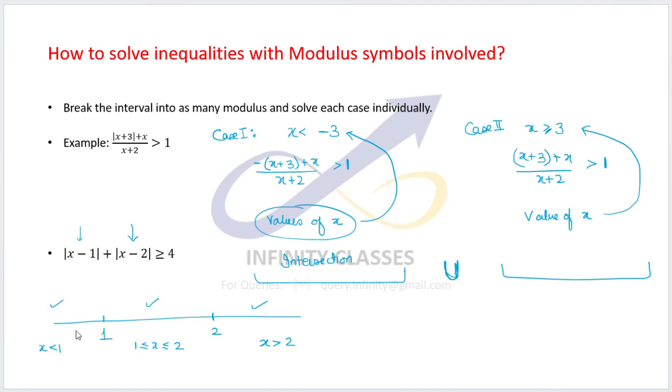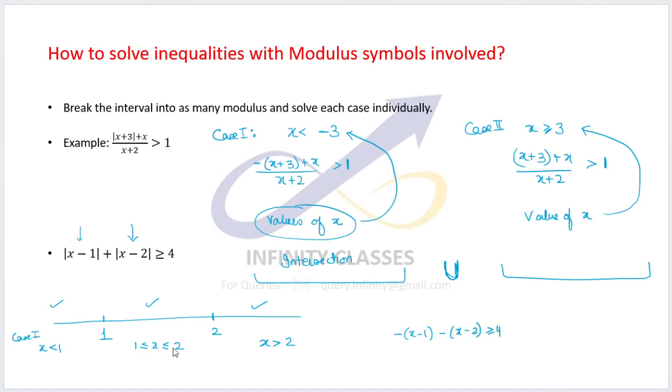So we have to solve it 3 times, one for case 1, case 2, and case 3, and find out the inequality. So for case 1, I'll write the expression as minus x minus 1 minus x minus 2 is greater than equal to 4.